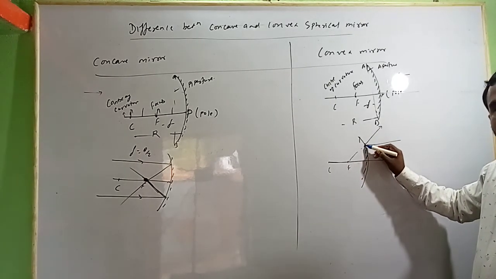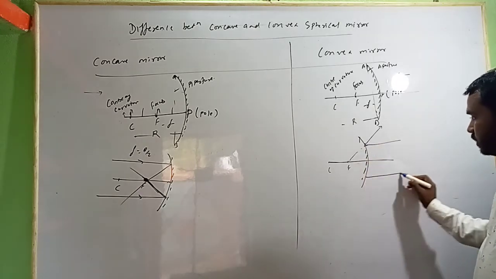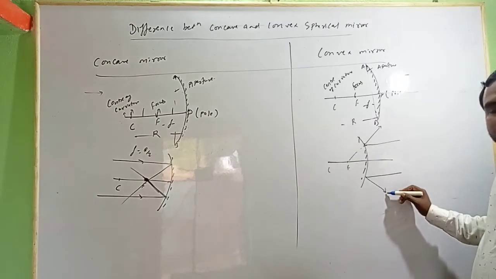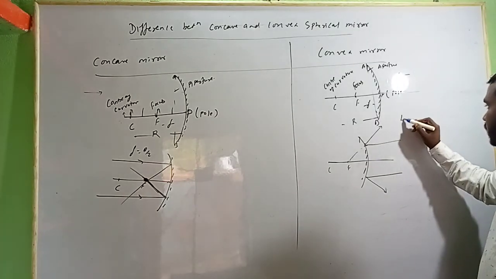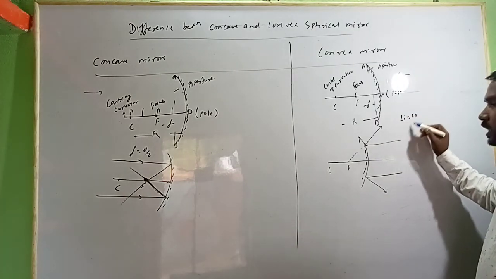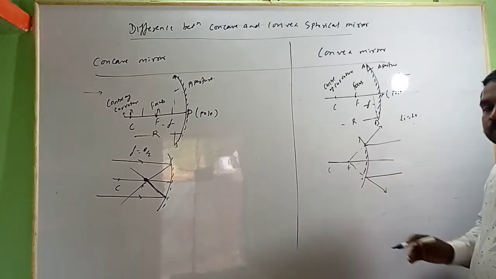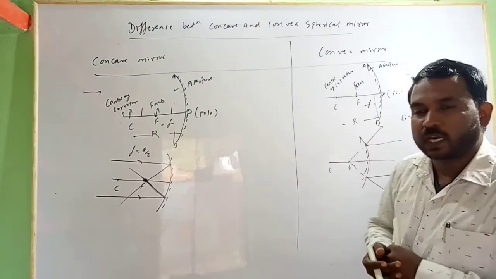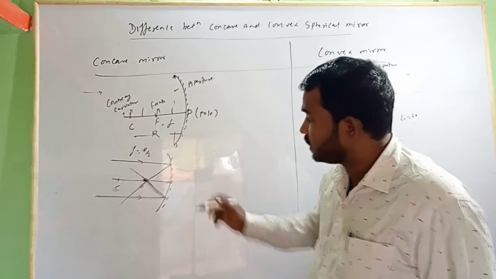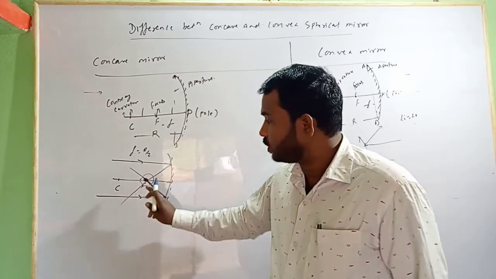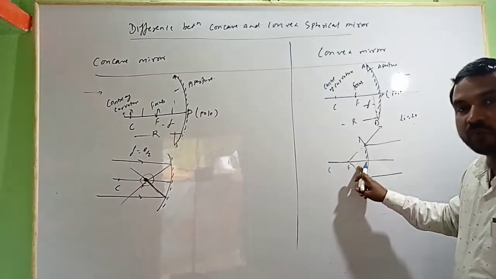It will appear at the focus. Another light is coming and will also reflect according to the laws of reflection, because angle I is equal to angle R, and that will also appear at the focus. So according to this diagram, what will you notice? You will notice that here is the real focus, but here it is virtual.